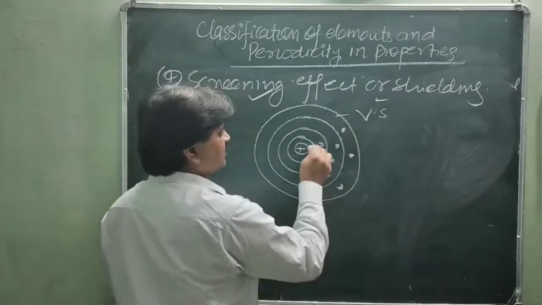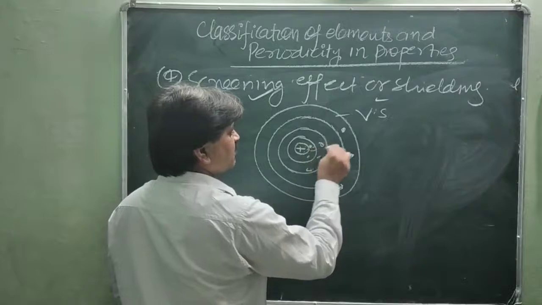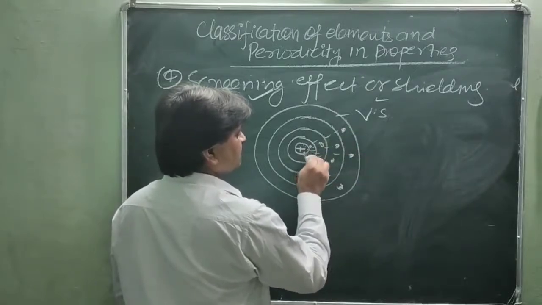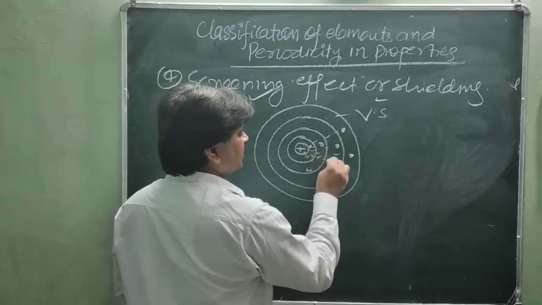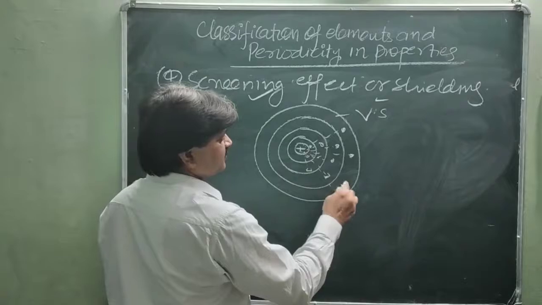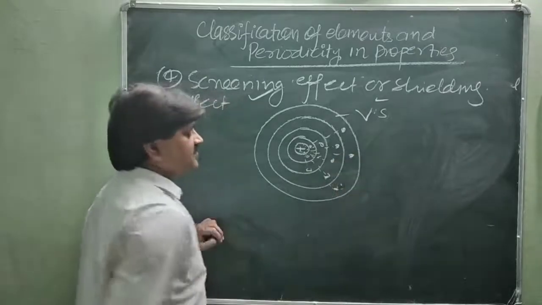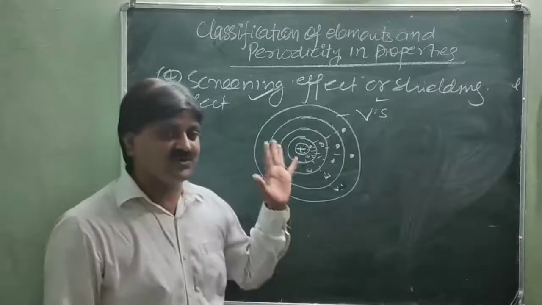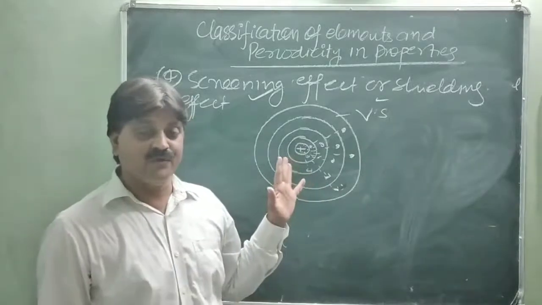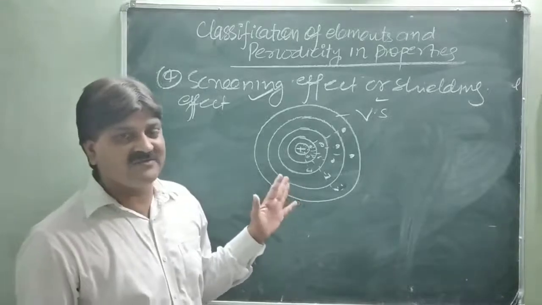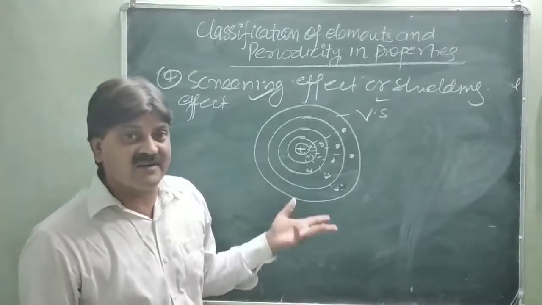The direct force of attraction of the nucleus acts on each electron. You will see here, this is the force of the nucleus on the electron, directly approaching. When would you say it is the screening effect? Screening means curtain, you know that very well. Shielding means cover.